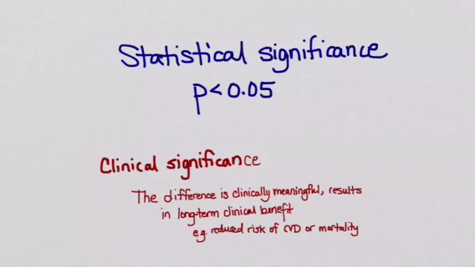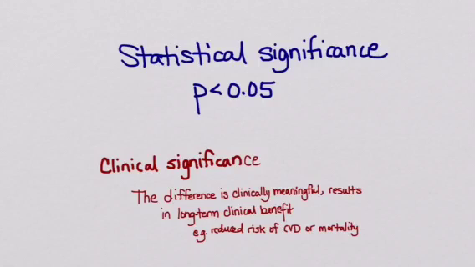So, just to review real quickly, statistical significance is simply that the difference between the control group and the test group, the experimental group, has a probability of less than 5% of being found if the null hypothesis is true, right? So we've been over that. Clinical significance is not a mathematical concept.